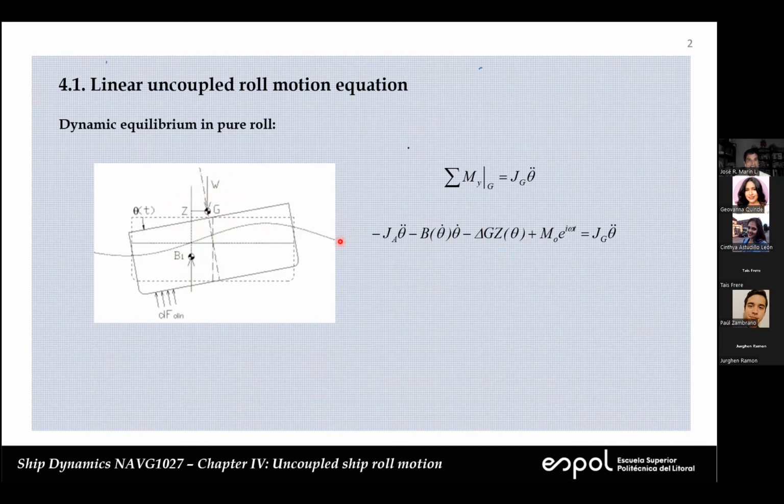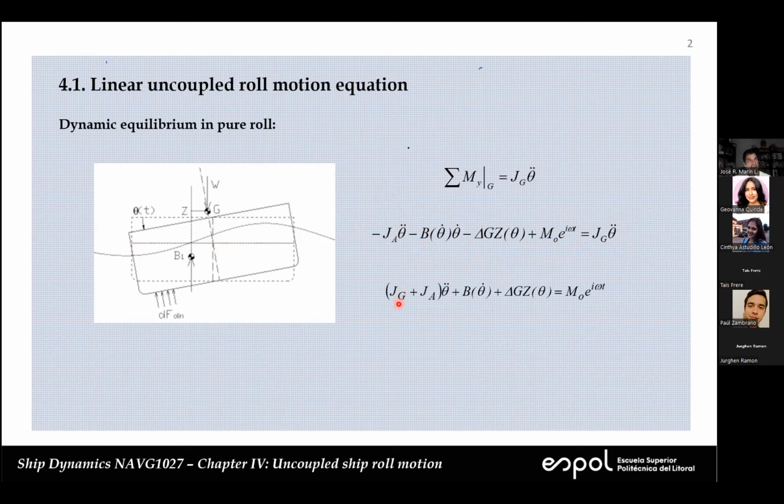And of course, we have the incoming waves generating a moment here, and we assume that it is harmonic. These are not in equilibrium, and they will produce a rotational acceleration. We have here, here, here, and here we have theta. So we put all of this on one side, and everything else on the right-hand side, that's the excitation.